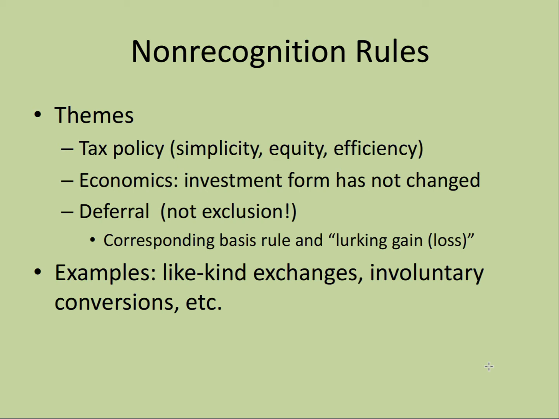Basically, from an efficiency standpoint, we want to make sure the tax laws don't affect certain behavior. They don't de-incentivize certain behavior. That would be bad. To be efficient, we want to make a tax that's not going to change behavior, unless we do want to change certain behavior through social policy.